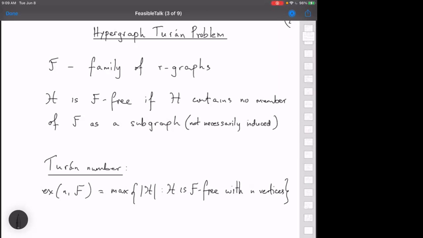In this talk, we will see examples where it's a family rather than a single hypergraph. And the Turán number is the classical parameter: the maximum number of edges in an F-free hypergraph with n vertices. Here the number of vertices is specified, whereas in the Kruskal-Katona theorem, the number of vertices was not specified. But this talk is about combining the Turán problem and the Kruskal-Katona theorem.